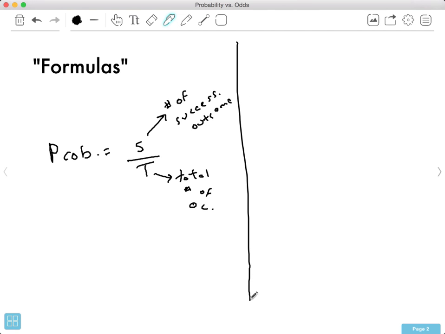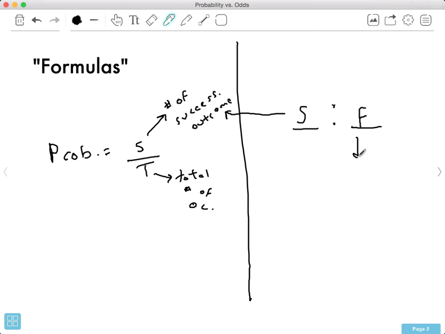That's different from odds. Odds has a similarity to it. Odds are written with a colon as opposed to as a fraction, and it's a number, colon, and another number. The first number is the number of successful outcomes, which is the same number of successful outcomes as you would find in probability. It's the second number that causes the problem. I'll put an F for failure, although it doesn't mean failure, right?